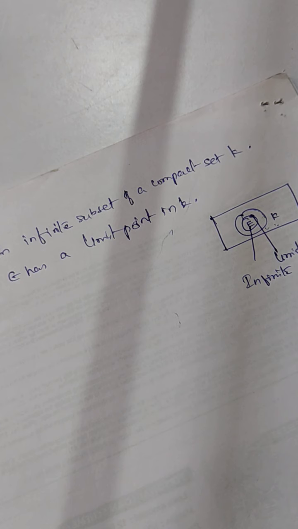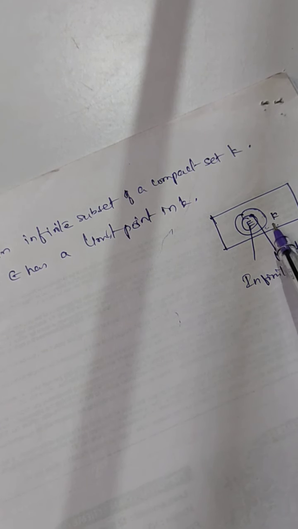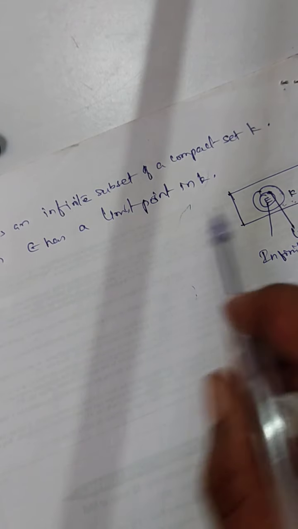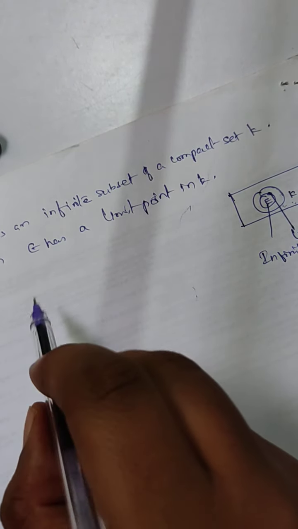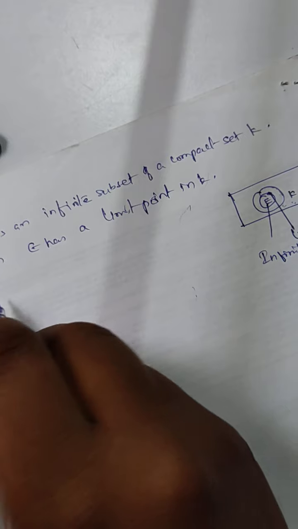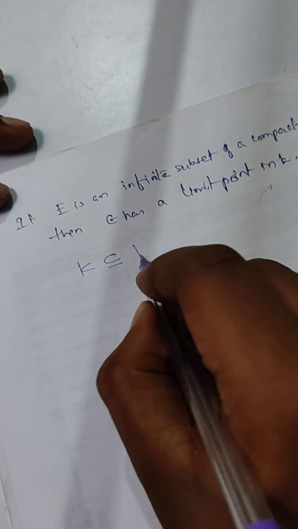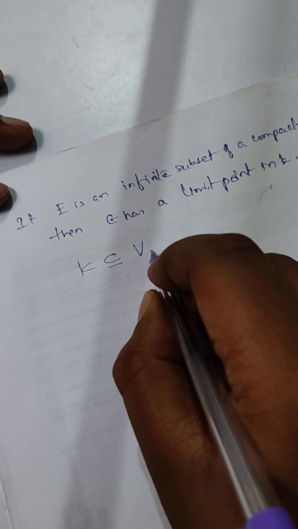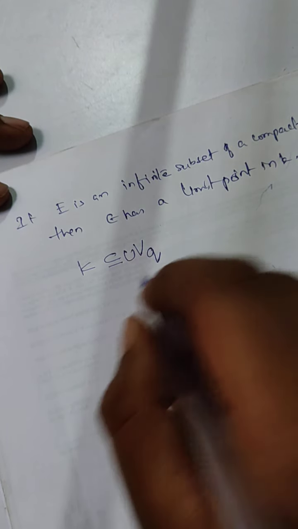Now we are using K, and since K is a compact subset of X, K can be written as the union of V alpha.